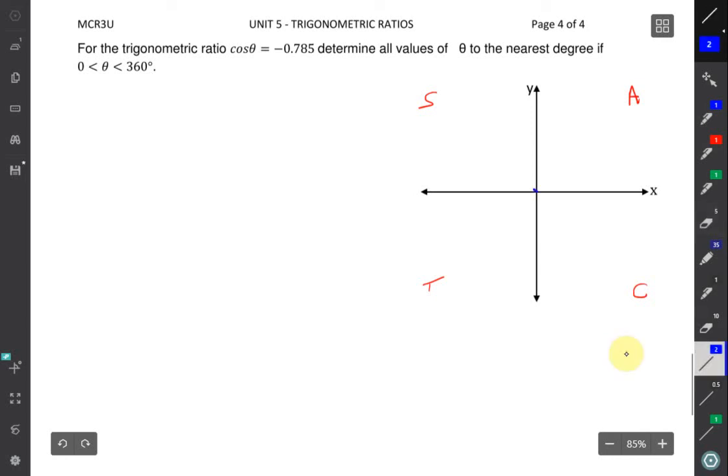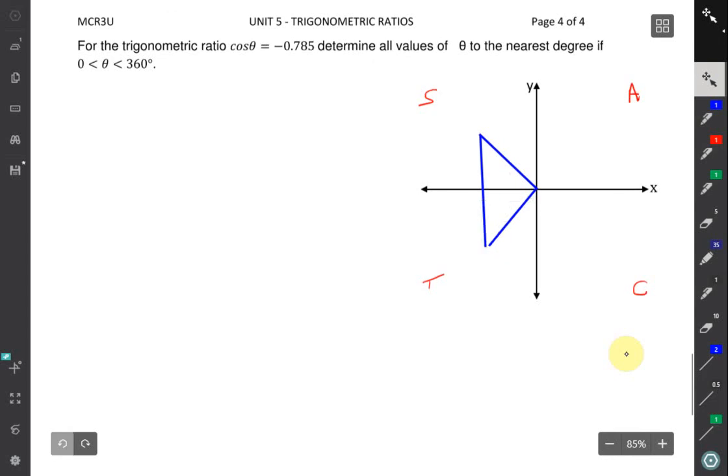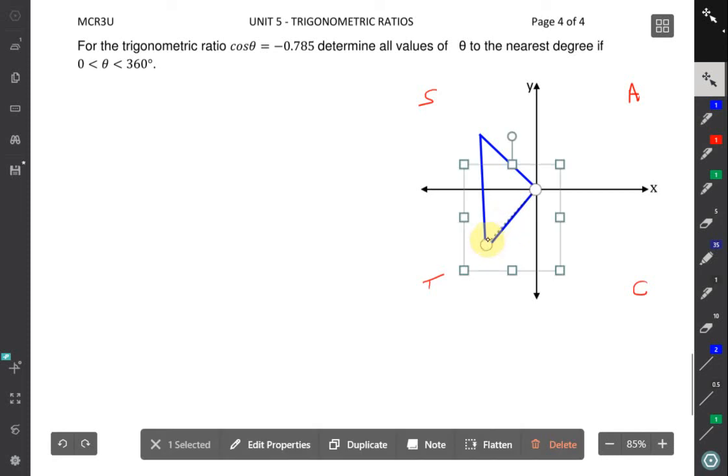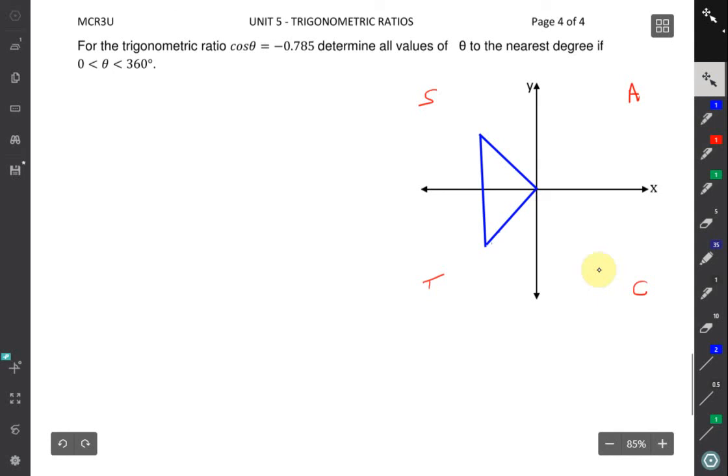So I need to draw my terminal arm in this quadrant and in this quadrant, and I wouldn't worry about the size of the triangles except trying to get them about the same size. Now I won't concern myself with labeling the sizes.